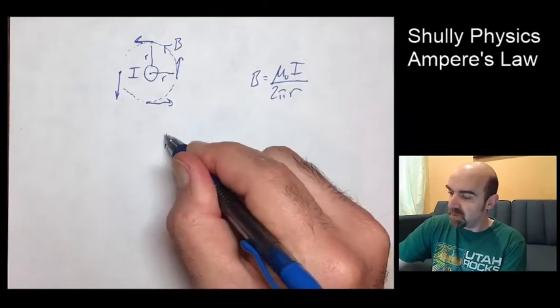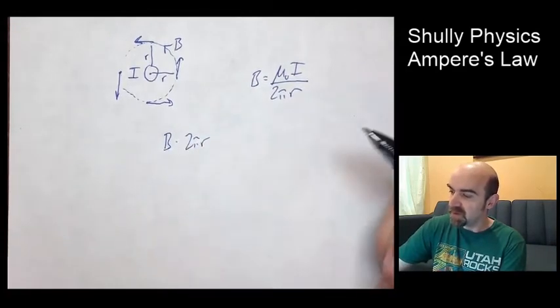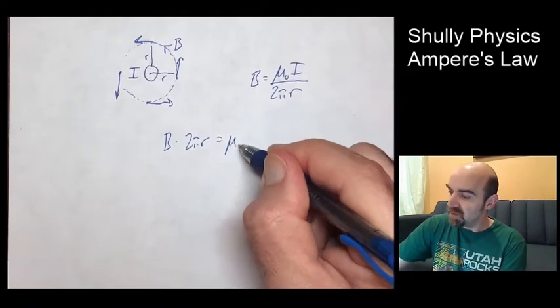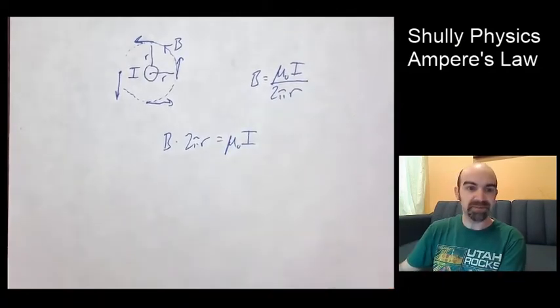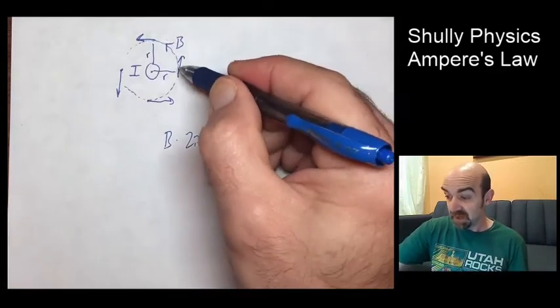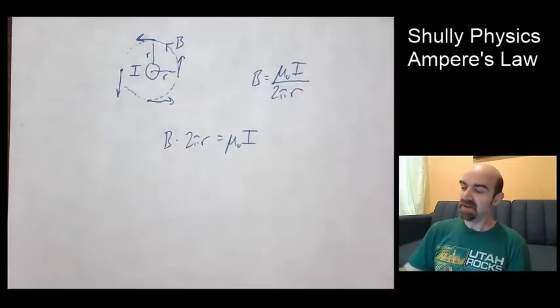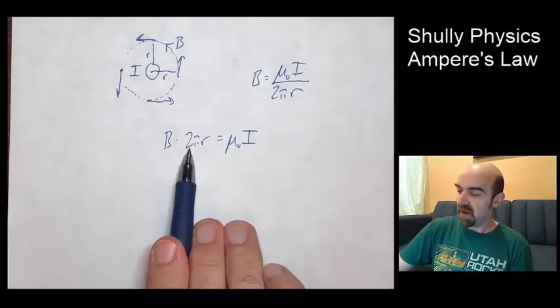So if we rewrite this, we'd have B 2 pi r equals mu naught I. If you look at this format here, the magnetic field is constant, the same all the way throughout that line, and that line makes a path 2 pi r.